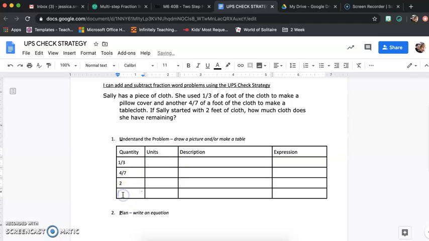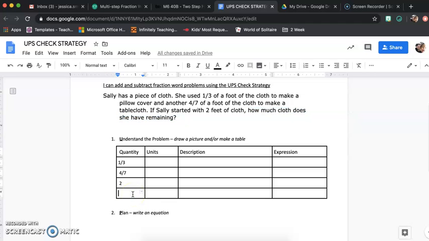Now, remember, in word problems we're trying to figure something out, which means one of our quantities is actually going to need to be a variable. A variable is a letter that represents the unknown number, which is what we're trying to figure out here, which is how much cloth does she have remaining. Well, we don't know that. That's our variable.